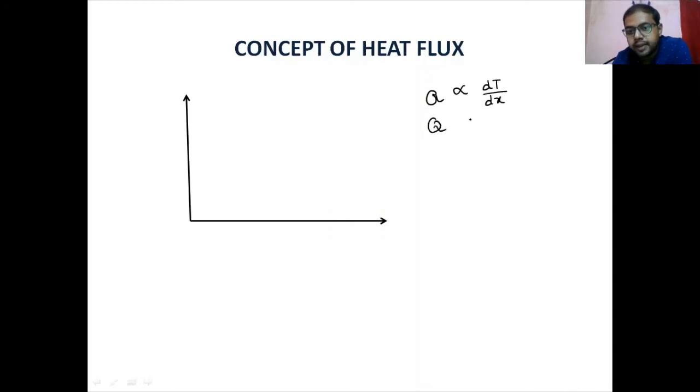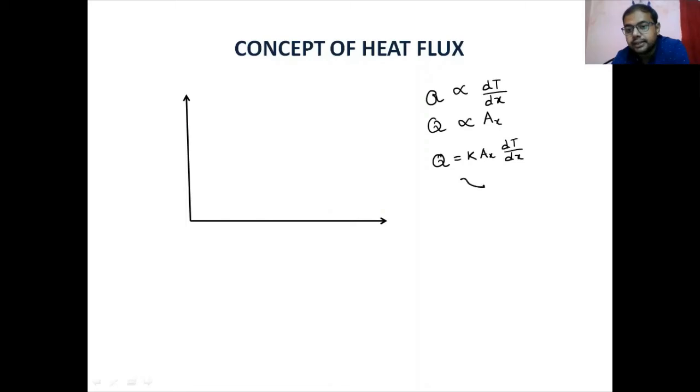Heat transfer is proportionate with the cross-sectional area, which is normal to the direction of the heat transfer. Then we got K AX dT/dx. It's a very, very important equation.